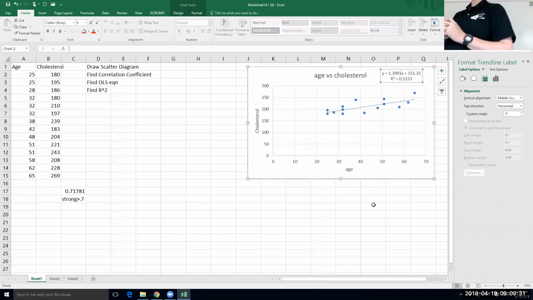Percentage of the variation that's explained by what? By the model, by the equation, yeah. We call the equation a model. Okay? So what percent is explained? 51%. What percent is unexplained? 49%. This is actually a pretty good, in the real world, this is a pretty good correlation.